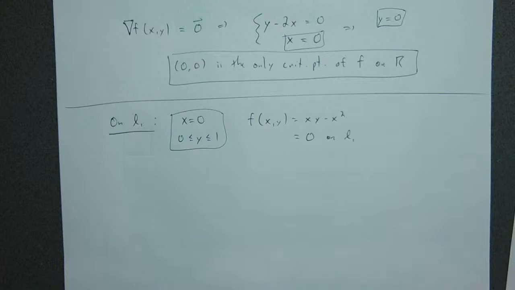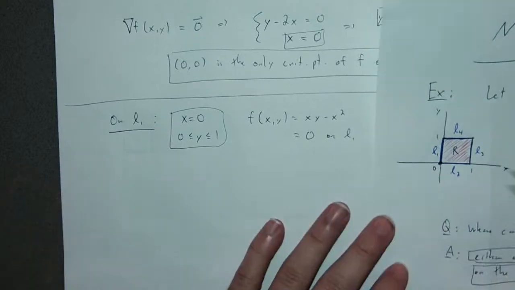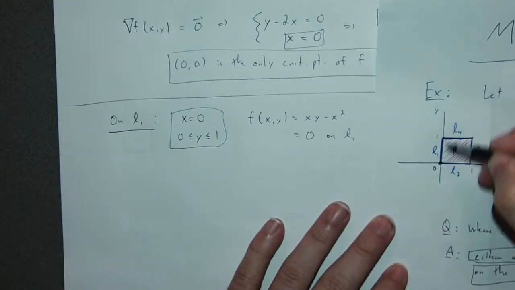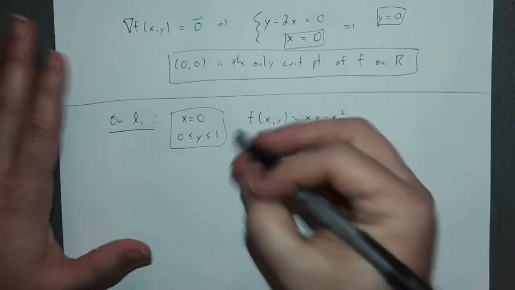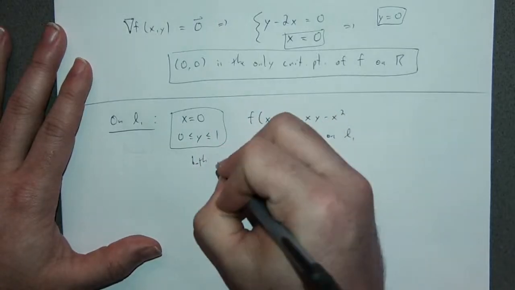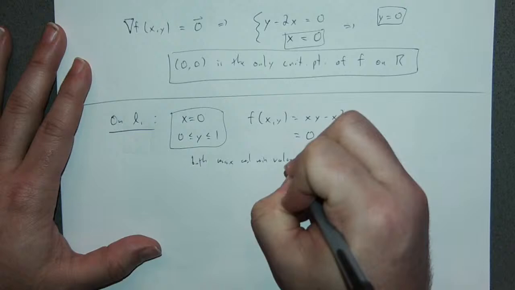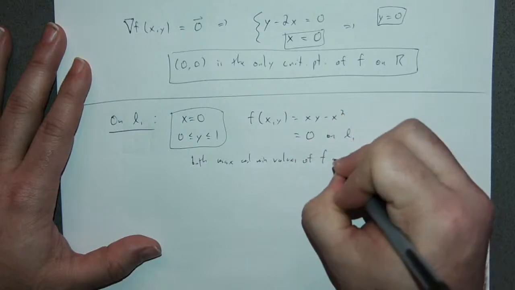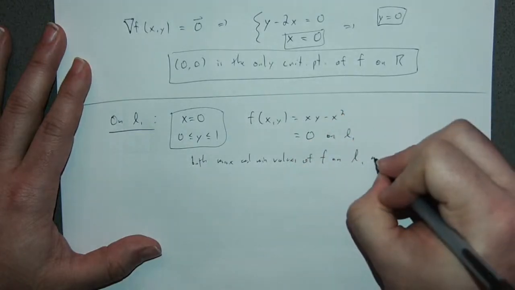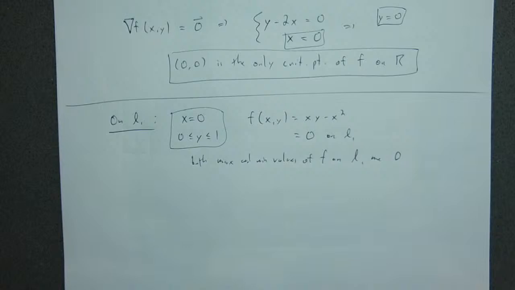It is just the function f equals 0 on that entire strip. So both max and min values of f on L1 are 0.